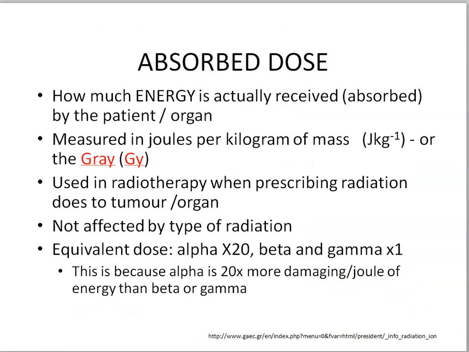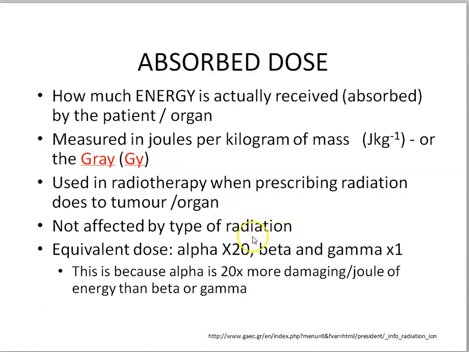So when we're dealing with DNA damage, we're interested in the absorbed dose, which is how much energy is actually received by the patient. Now, a lot of the energy will pass through the patient, some of it is absorbed, and we can express this in grays. So when we see treatment schedules, we'll often see grays of radioactivity, which is the absorbed dose of radioactivity.